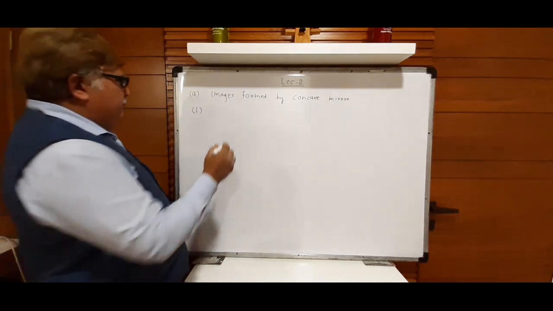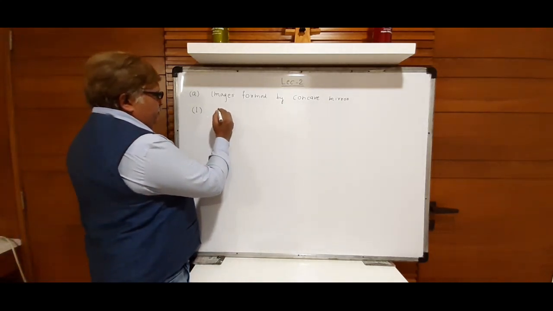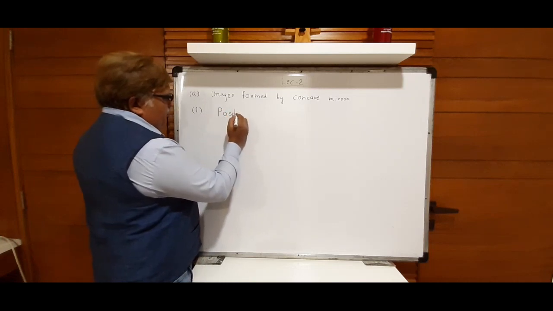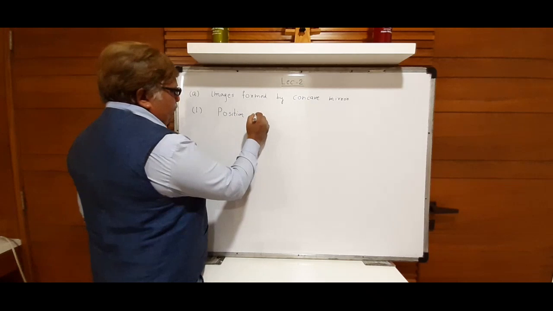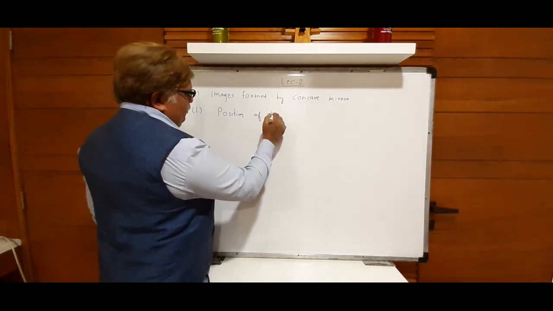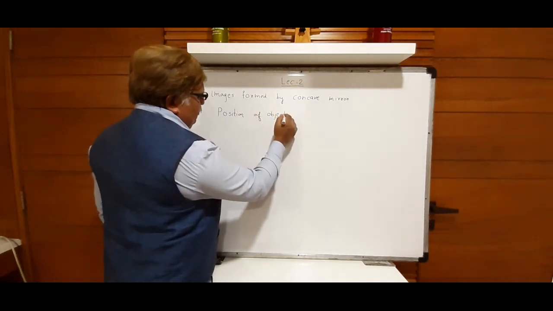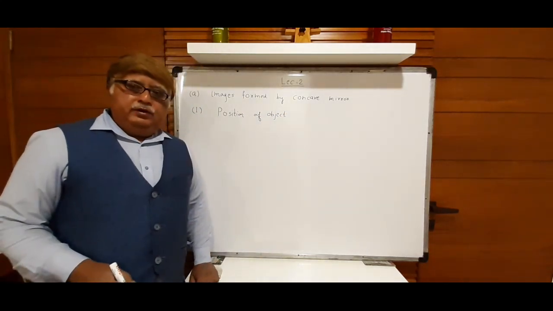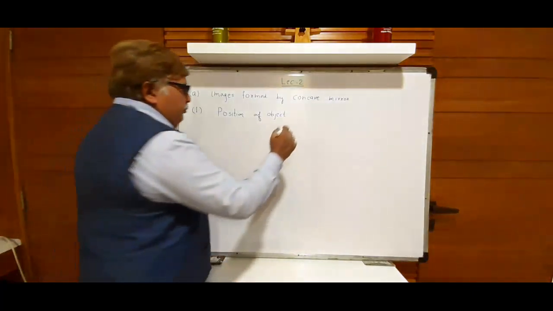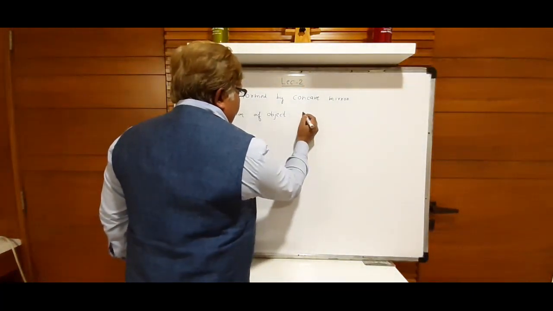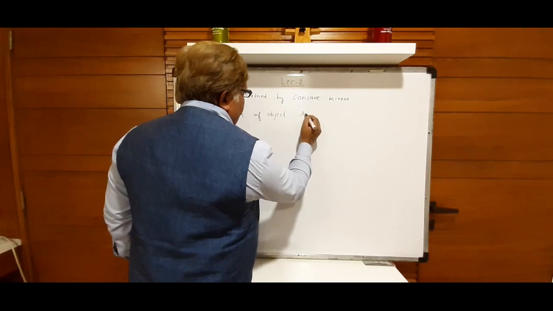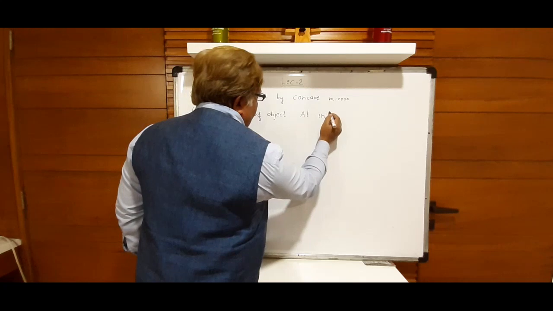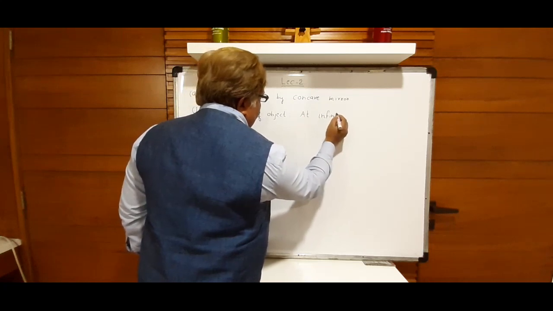First diagram, that is position of object. Write down with me, position of object. What is the position of object? You will be given in exam the position of object, and I mention here, you should write with me, position of object at infinity.